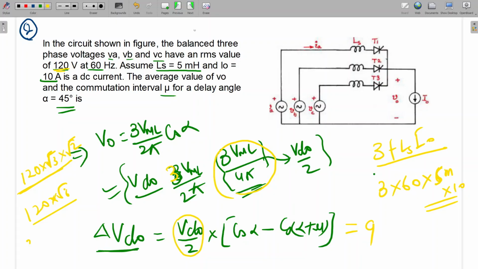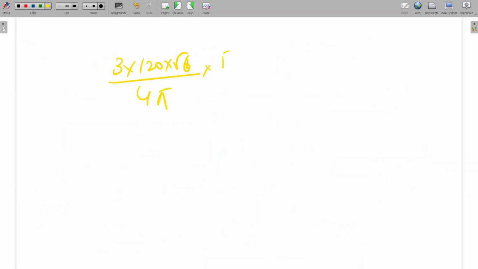Vd0 upon 2 into cos of how much? 45, the angle is 45. Cos of 45 minus cos of 45 plus mu. This would be equal to 9. Now we can calculate mu from here.